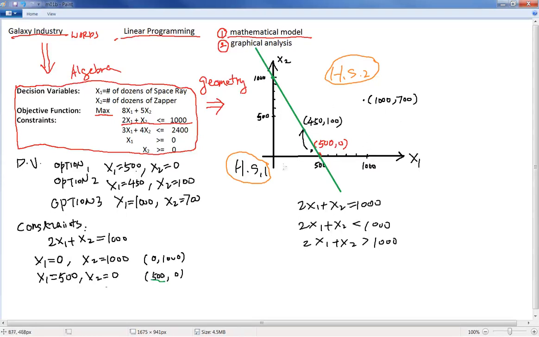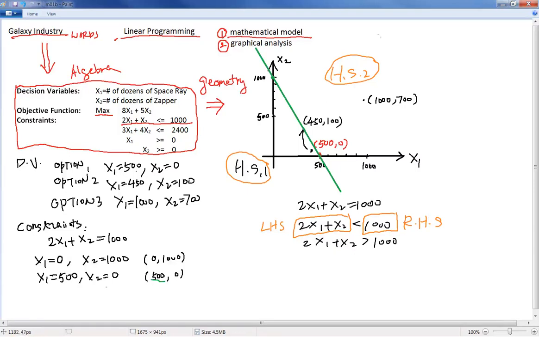By satisfy, I mean if I plug two numbers into this first inequality, let's call this the left-hand side, and the point satisfies it, the left-hand side will be less than 1,000, which we denote as the right-hand side.